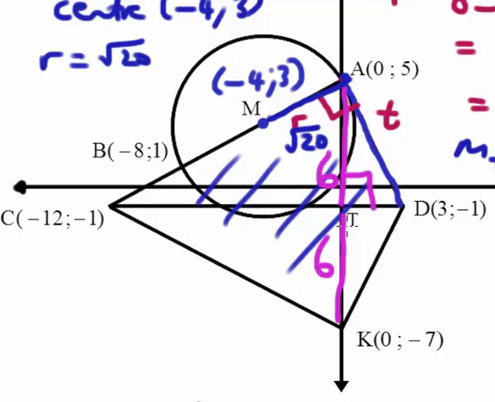So the longer diagonal bisects the shorter diagonal at 90 degrees, and because of that you can immediately conclude that this must be a kite. It's a lovely link to your quadrilaterals. The diagonal CD bisects the diagonal AK at right angles, and the distance from 5 to -1 is 6, and from -1 to -7 is a distance of 6, and you've got yourself a kite here.